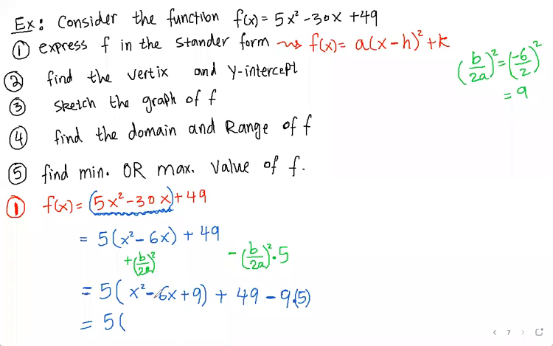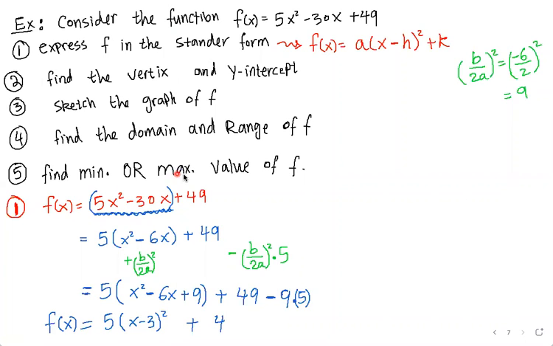The factor for x squared minus 6x plus 9 is x minus 3 squared, plus 49 minus 9 times 5, which is 45. 49 minus 45 is 4. So now I get the standard form. This is the standard form for the first part. So the standard form is 5 times x minus 3 everything squared plus 4.